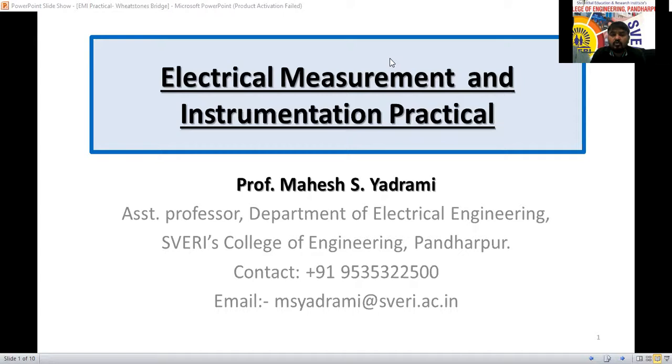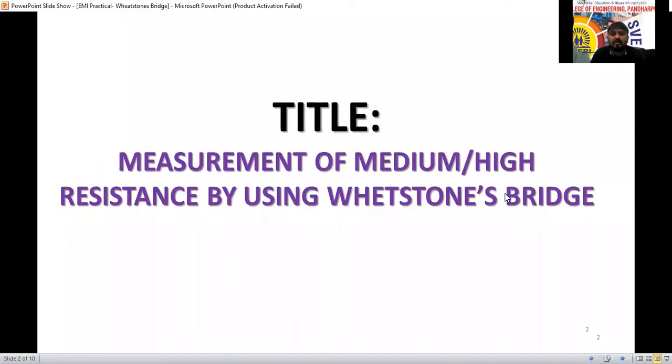Experiment number 2, we are going to discuss the measurement of medium resistance by using Wheatstone bridge. It comes under the third unit, called potentiometer and bridges. The bridges have the advantage that they give accurate answers for resistance, inductance and capacitance.